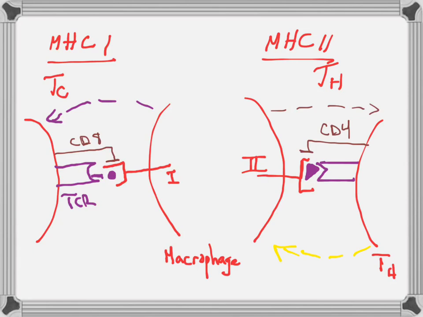So here is where we start to see the first feedback between the adaptive and innate immune response. The T helper becomes active, feeds it right back, activates that macrophage to increase its power to destroy microorganisms. Okay? Questions on that?